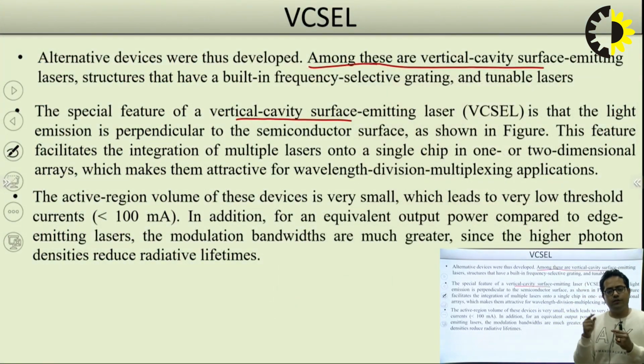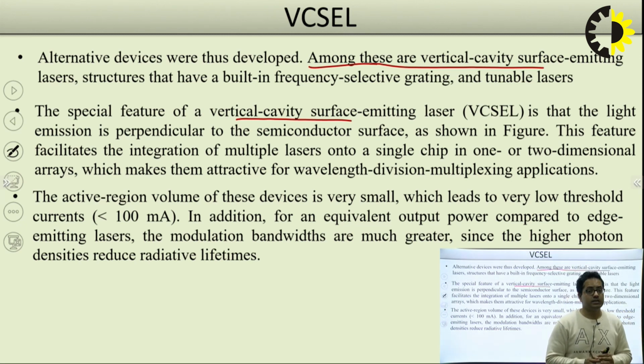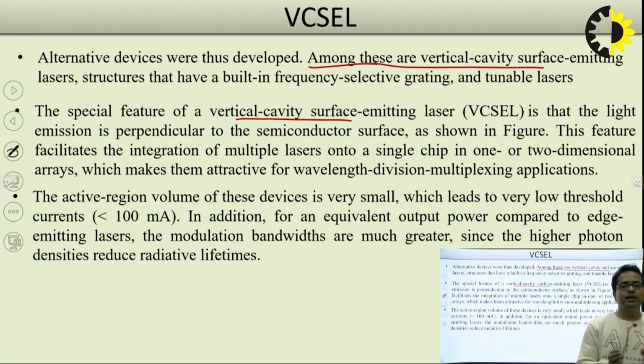This feature of light emitting perpendicular to the surface will help us in the integration of multiple lasers onto a single chip, in one-dimensional or two-dimensional arrays.